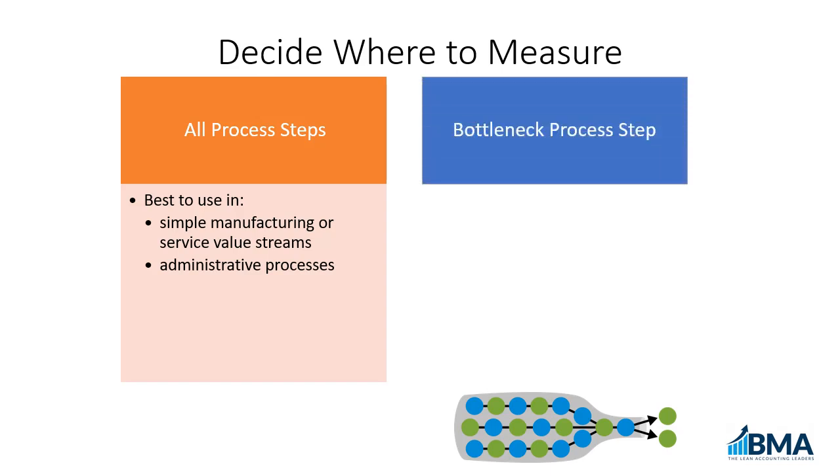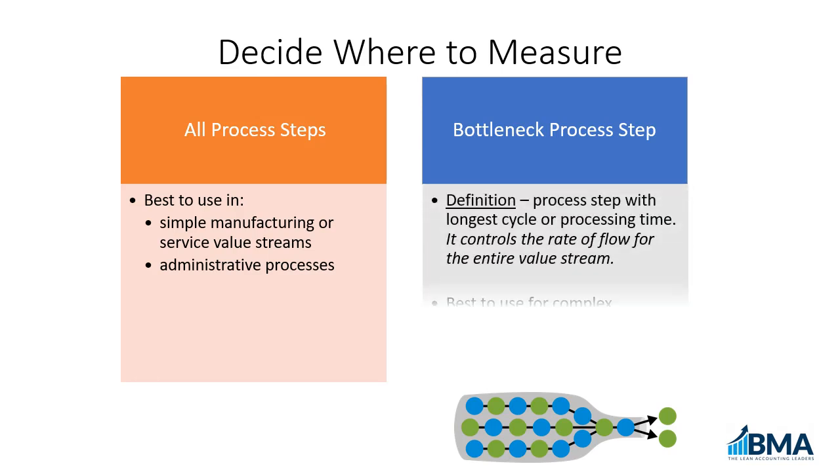You can also calculate capacity at the bottleneck process step. So for those of you who are not familiar, the bottleneck process step is the specific process step in a value stream or some flow which has the longest cycle time or processing time, and it controls the rate of flow through the entire value stream.